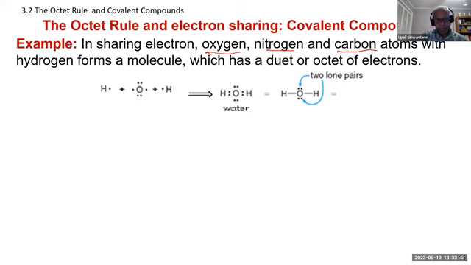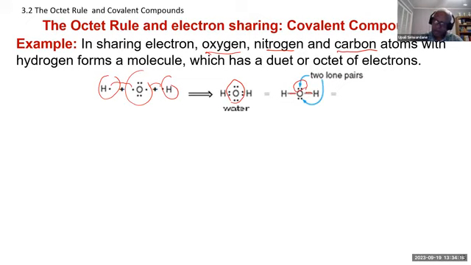For example, 2 hydrogen and 1 oxygen share these electrons and form an octet for oxygen. Therefore, 2 chemical bonds are formed here. The non-shared electron pairs are called lone pairs.